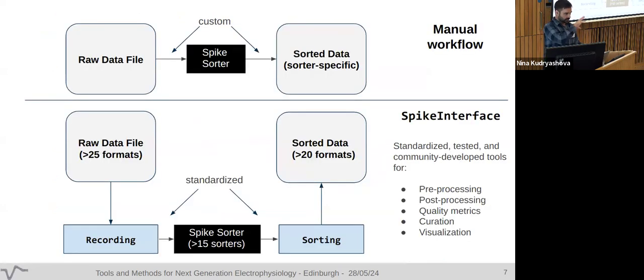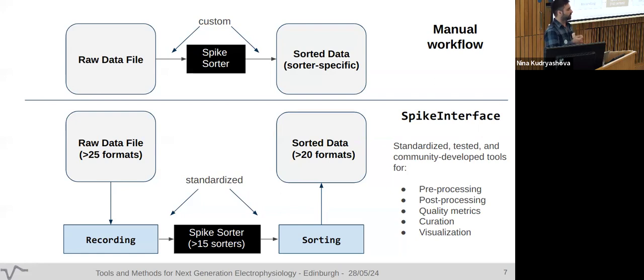So just to give you a visual understanding of what we attempted to do: we tried to go from this manual workflow, which is what I described before. So you have your, let's say, Open Ephys acquisition system, and so you have an Open Ephys folder there. You need to write some code to read that data, to parse all these data sets into a format that a spike sorter of your choice, let's say MountainSort, likes.